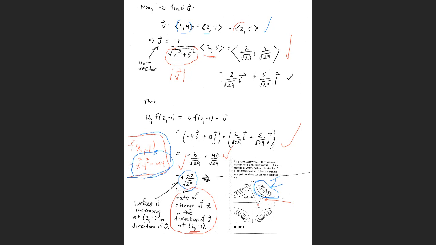Now, when level curves get close together, a surface could be getting steeper in the upward direction, or it could be getting steeper in the downward direction. But in this case, it's in the upward direction. Are there any questions on that?